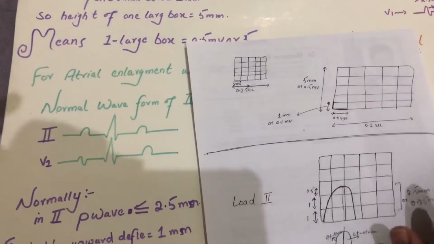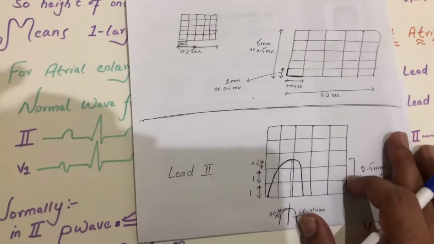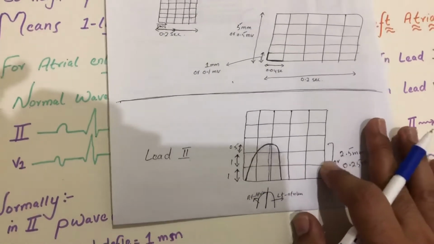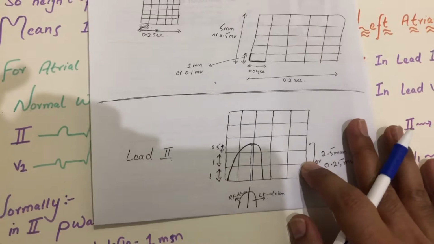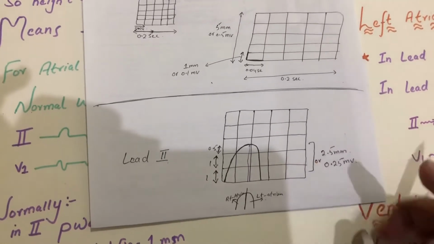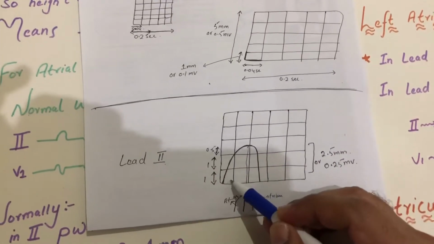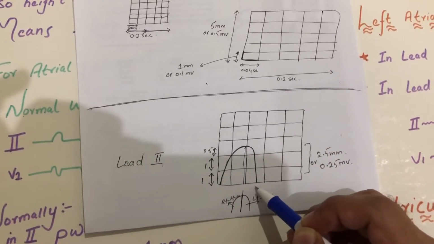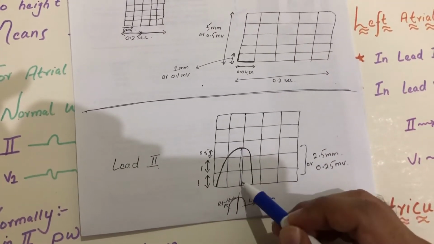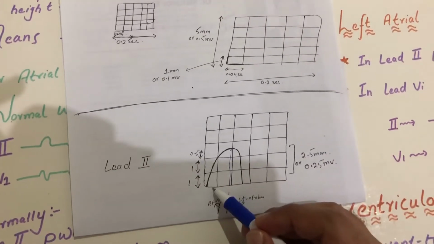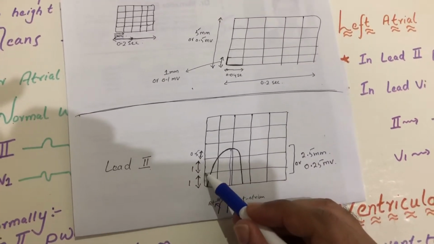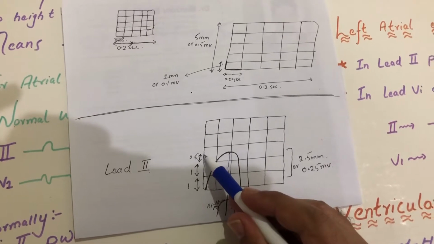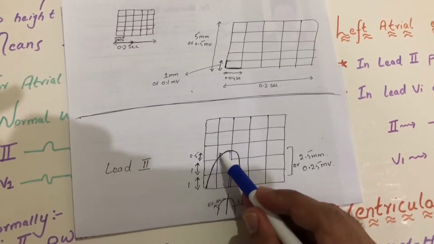Okay, now let's discuss the P wave in lead number 2 in a little bit more detail, that is, what is the physiology of the P wave in lead number 2. This is the P wave. It's a bit bigger and out of proportion, but it's for understanding purposes. Look here, it is covering 1, 2, 2.5 small boxes vertically.